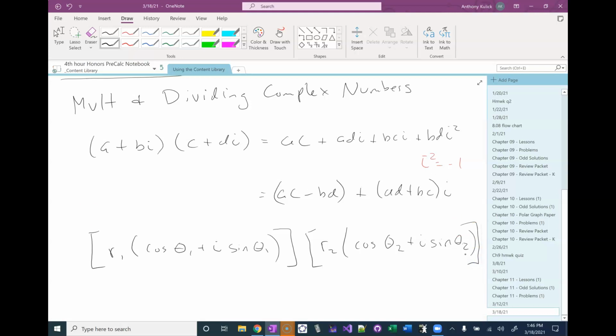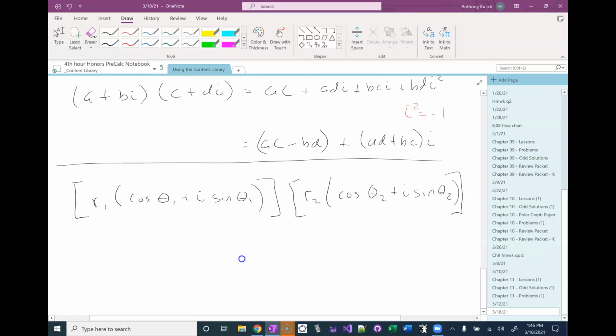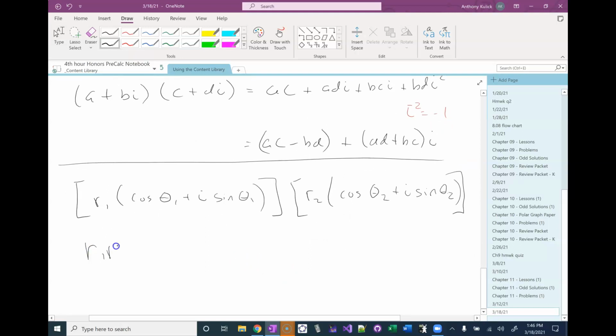So let's say we're doing the same thing in trigonometric form. I can multiply the r1 and r2 together, and then I can just FOIL the parts in parentheses, right?